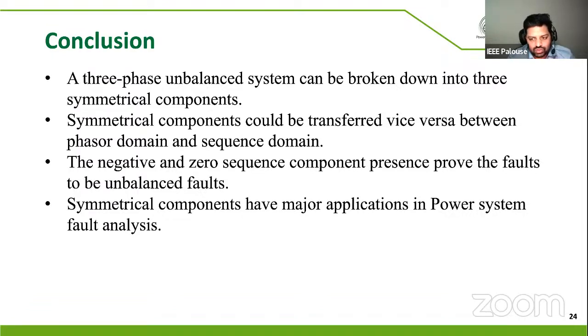And the negative and zero sequence components present in faults prove that there is an unbalanced fault. If you have a three-phase balanced fault, you will never have a negative and zero sequence.